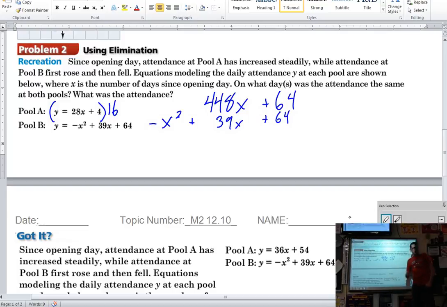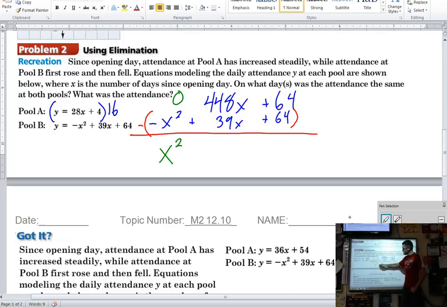So if you kept them both positive, I now take away the bottom function from the top function. Since this was 0x squared, and I'm taking away a negative, I really add, so I get x squared. I'm subtracting these, 409x.